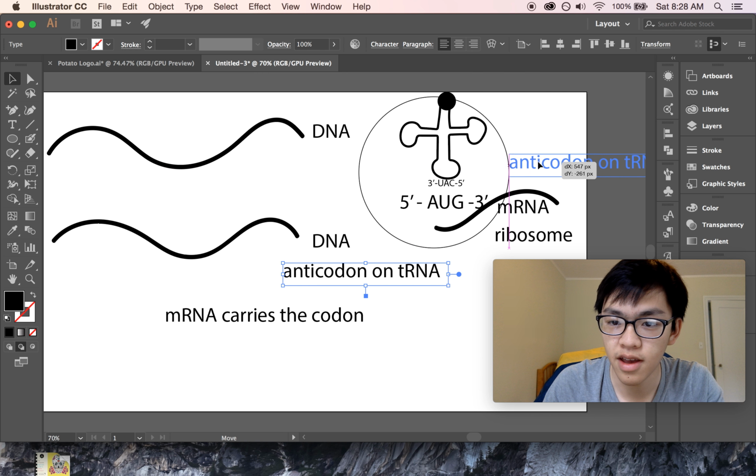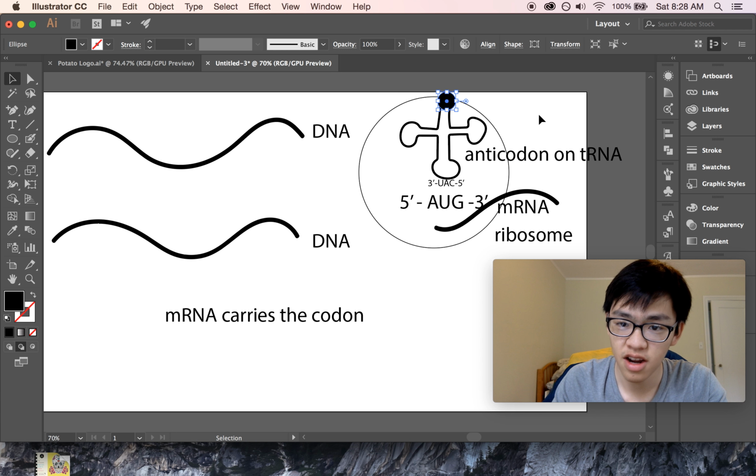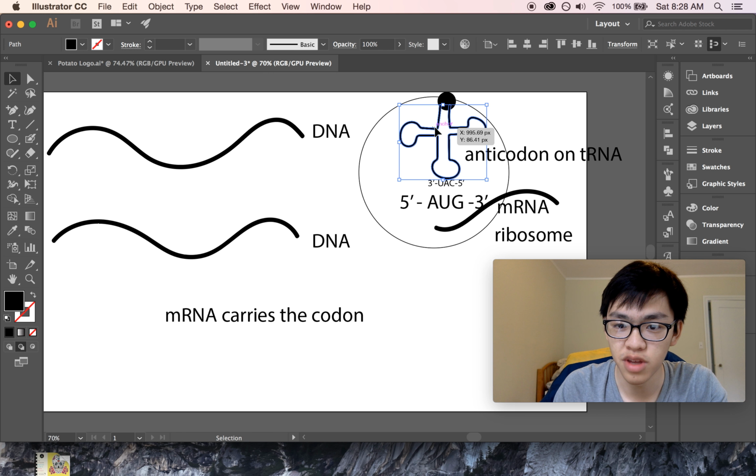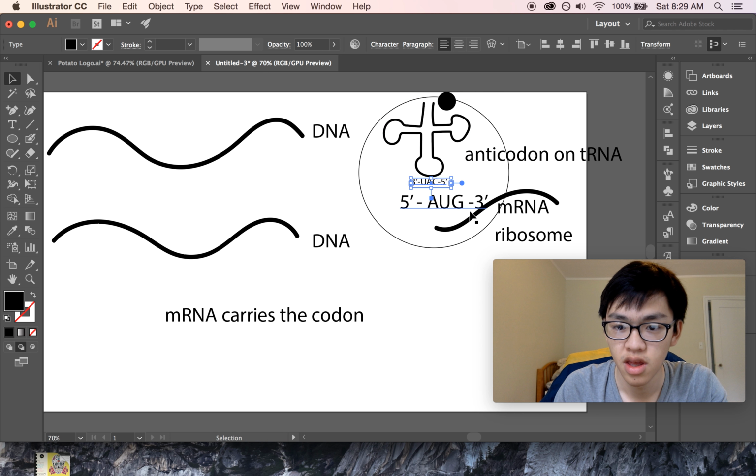Note that when the anticodon on the tRNA binds to the AUG, this methionine here gets removed, and essentially this tRNA can now enter the next site. So this tRNA binds to the next peptide, and this tRNA here would just simply move over along with the sequence. And likewise, the mRNA would move with it.